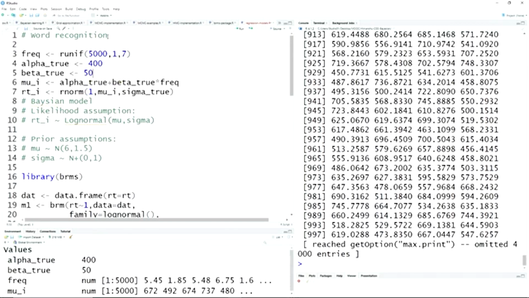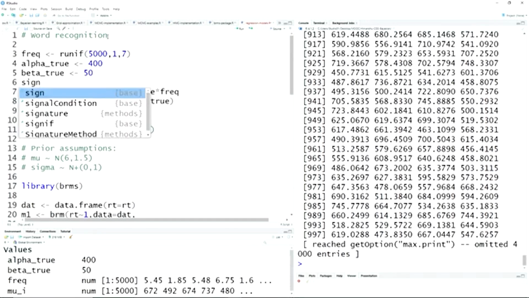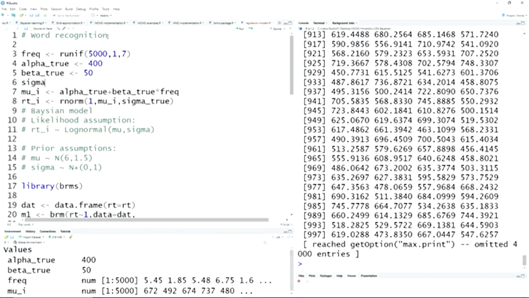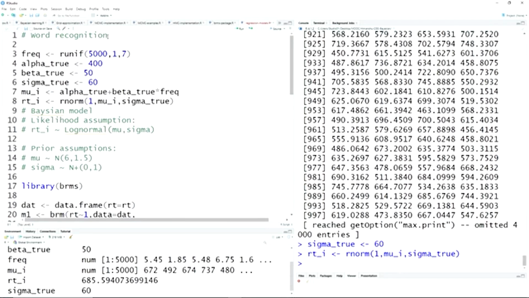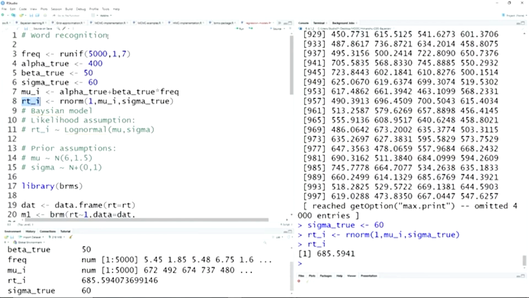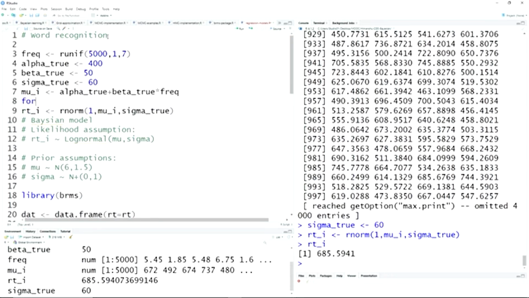Sigma true we also need to define here. So let's say sigma true is 60. Okay, it does not give me a vector. I need a vector. Okay, so maybe I can run through a loop.